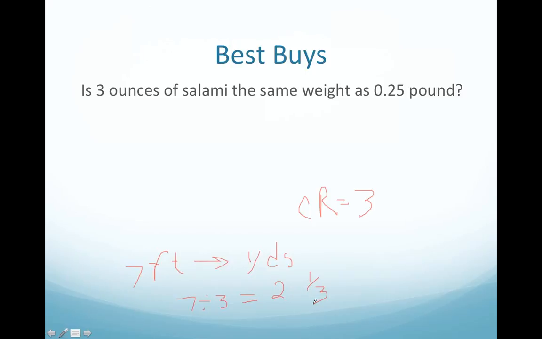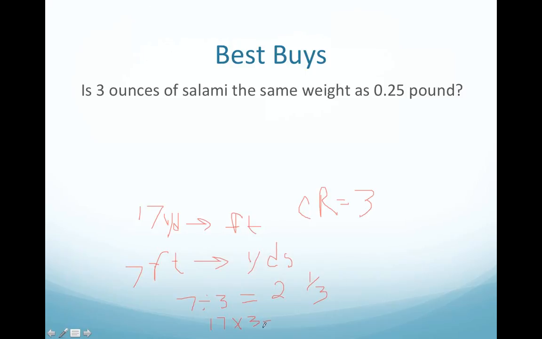Okay. Now let's say, for instance, I had 17 yards and I wanted to convert it to feet. Okay, because the conversion rate between feet and yards is the same, all I have to do is just multiply. So in this case, I'm going to take 17 and multiply it by 3 to get to the feet.